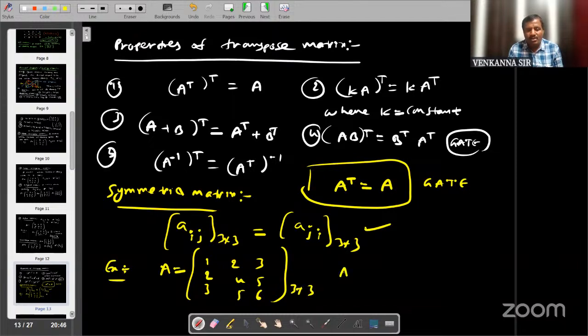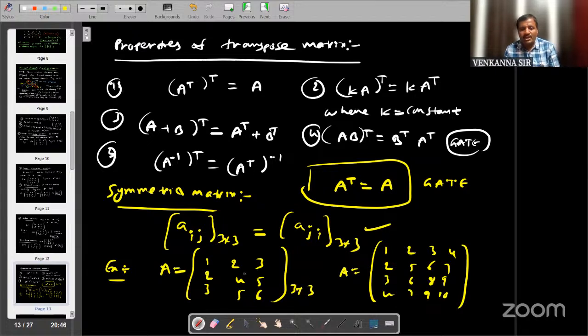And the next example is a 4 by 4 matrix: 1, 2, 3, 4; 2, 3, 4, 5; 3, 4, 5, 6; 4, 5, 6, 7. This is also an example of the symmetric matrix. In both cases, it satisfies A transpose equal to A.